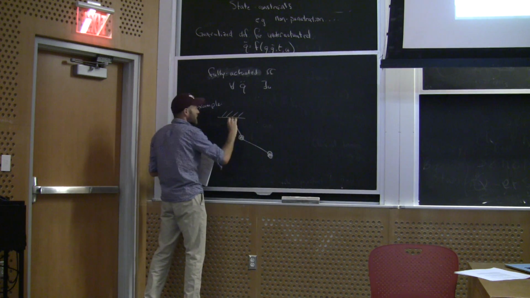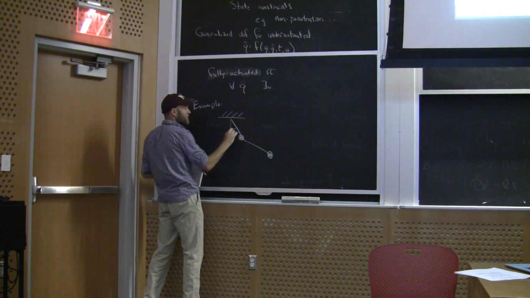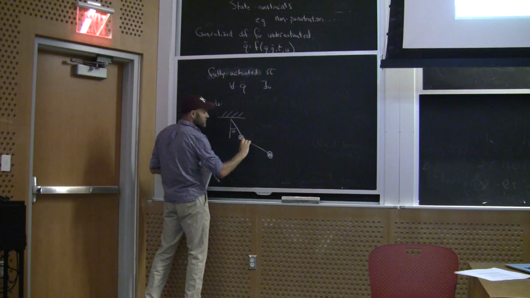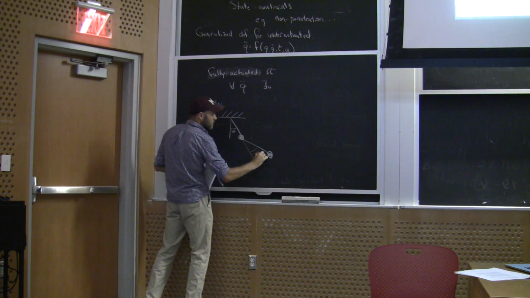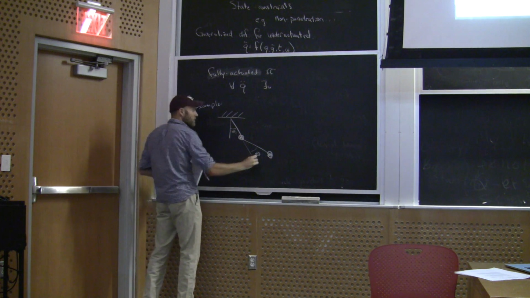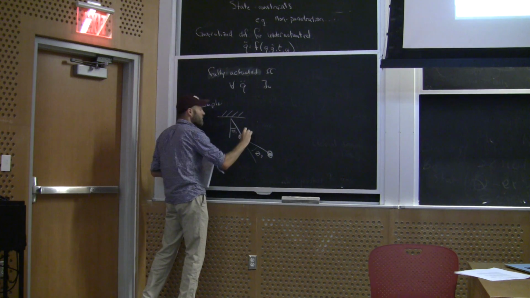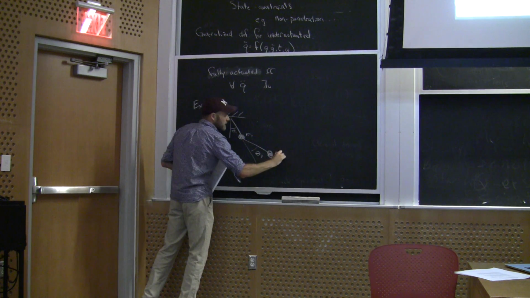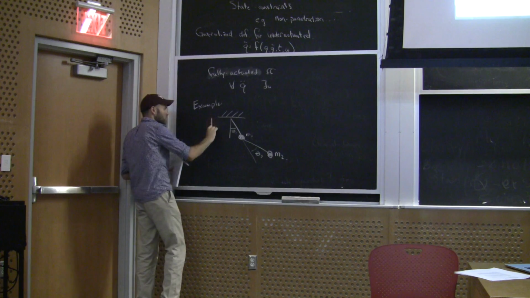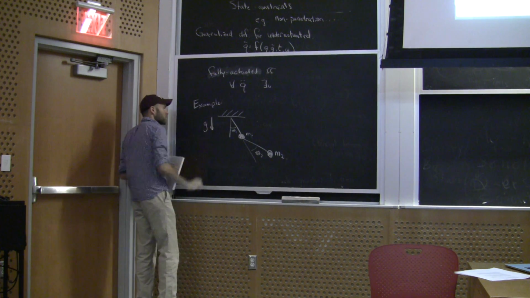So here's my simple robot. I can describe its configuration with two variables, theta 1 and theta 2. Okay, I'll give it 2 point masses, m1 and m2. I'll have gravity pointing down here. Okay.